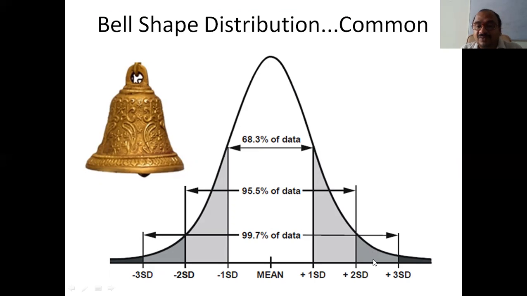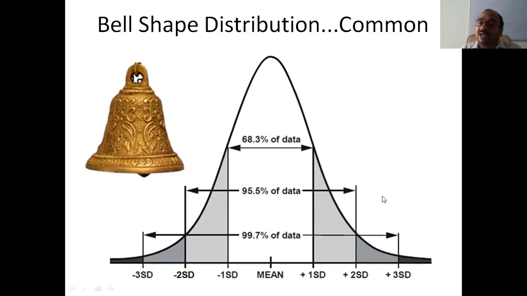Zone 3, you can see here, this one, see my cursor, and also this zone, is called zone 3. 99.7% of the data will be covered by that. See, this is zone 4. You can divide like that. Center point is 1, beside 1 is 2, beside 2 is 3, beside that 4.